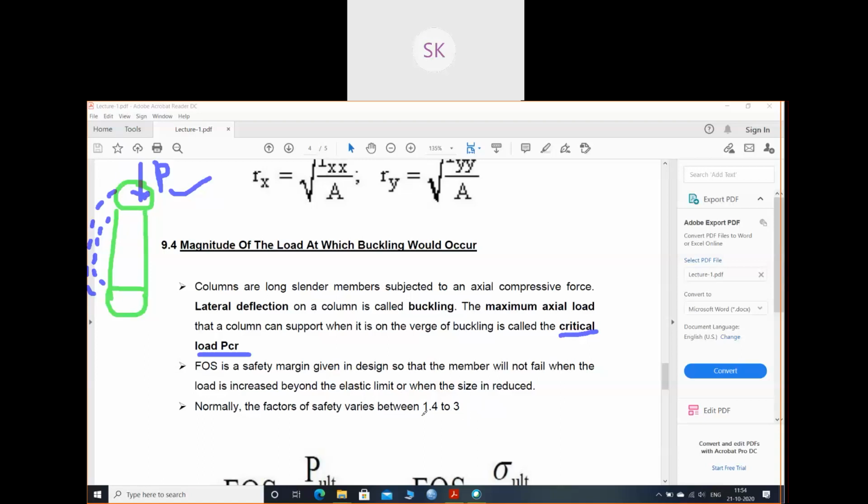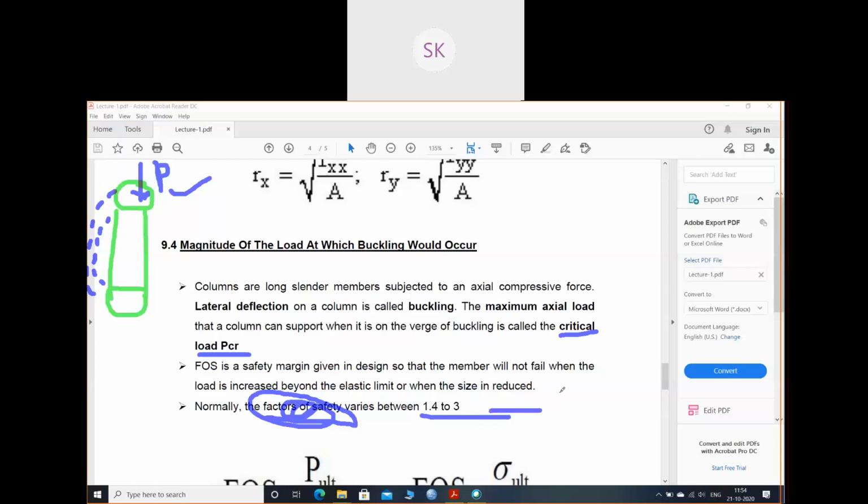This is the range for column. For different structures, there will be different FOS values. You will get factor of safety in your design part when you do the design in the next class. So this is a very important term, factor of safety. And for the column, it varies 1.4 to 3.